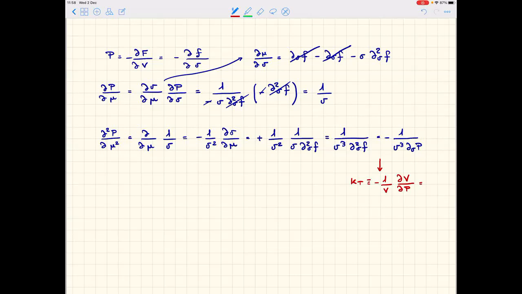I can rewrite it in terms of specific volume, and I get minus 1 over little v, 1 over dP dV. And therefore, you see up here that what I have here is nothing but 1 over V squared times the isothermal compressibility, Kt.